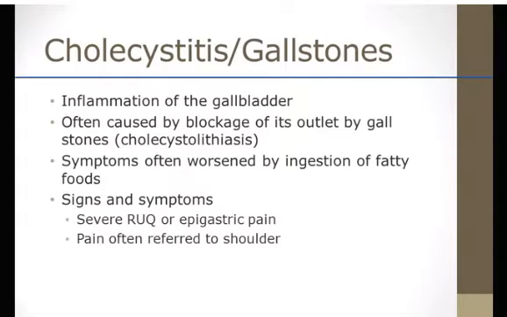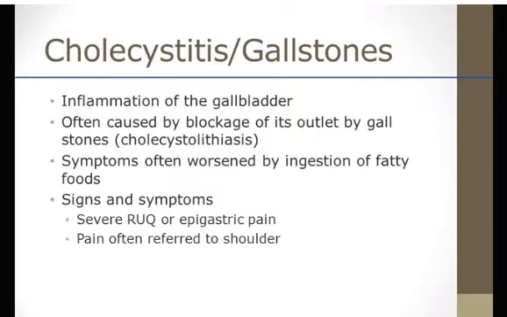Now, your gallbladder typically produces bile, which goes into your digestive system to help us break down our food and be able to extract the nutrients from that. So when a stone gets stuck in there, then the body can't release bile. Oftentimes this is going to make you feel nauseous.